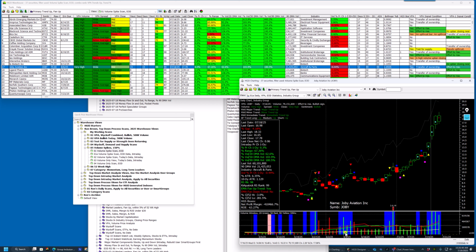Now going back in time, you can see that the volume was well above the moving averages here as it started to move up, and then it settled down. Notice that it was trading above the 90-day moving average, but well below the 20 and the 50-day, and then here's a volume spike right here.